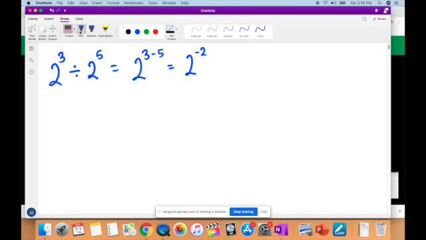So if I have 2 to the power of negative 2, what does that negative mean? Am I taking 2 and multiplying it by itself negative 2 times? Would the number you get be a negative? Maybe not. What does this actually mean?